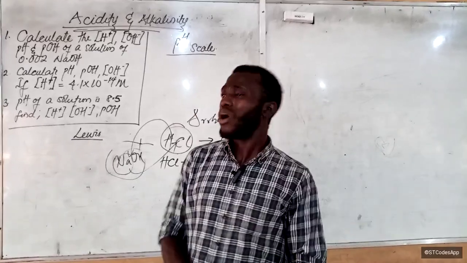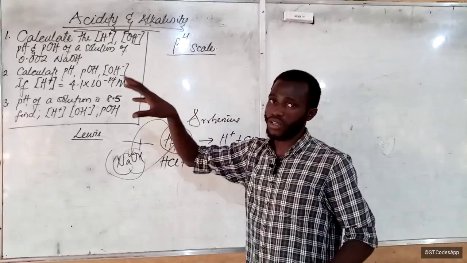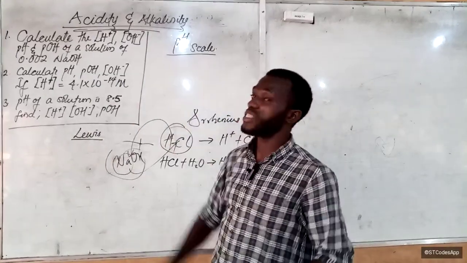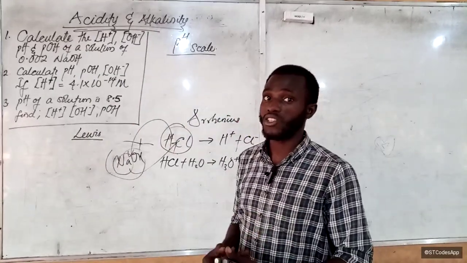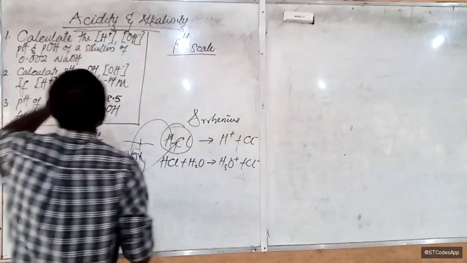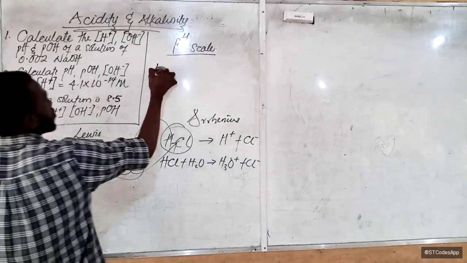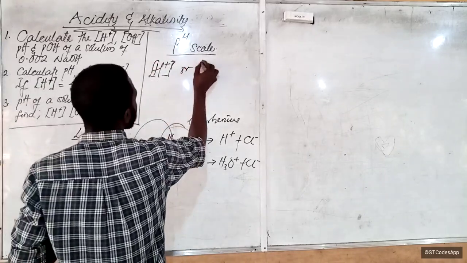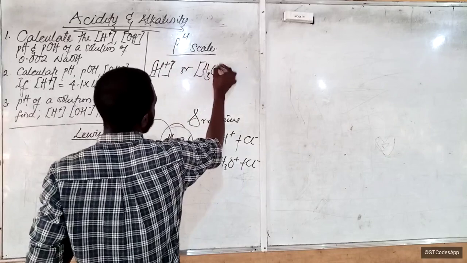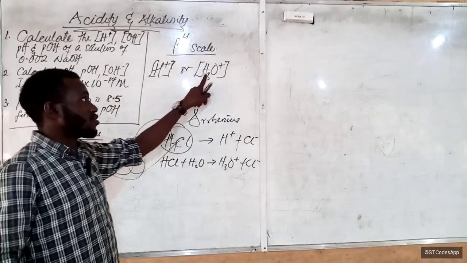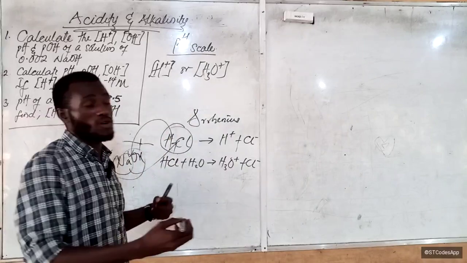Now, what is a pH scale? Acidity is how acidic a substance is, while alkalinity is how alkaline a substance is. But based on the pH scale definition, acidity is how much hydrogen ion concentration, or how much hydronium ion concentration, there is. Basically, we are talking about the same thing here. When we say hydronium ion, you know that water is involved.